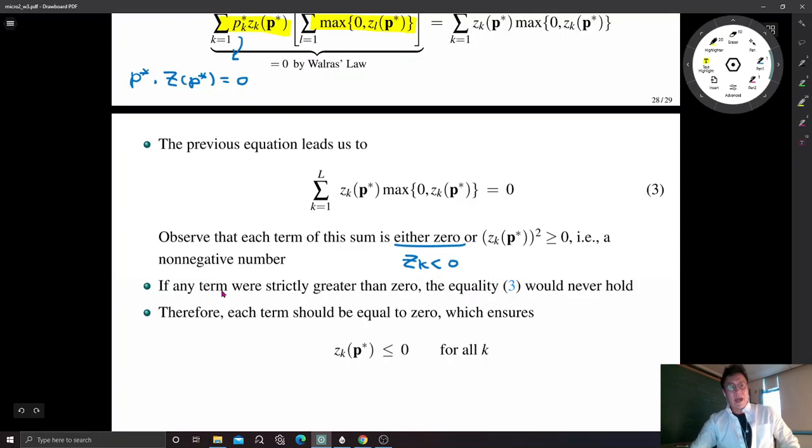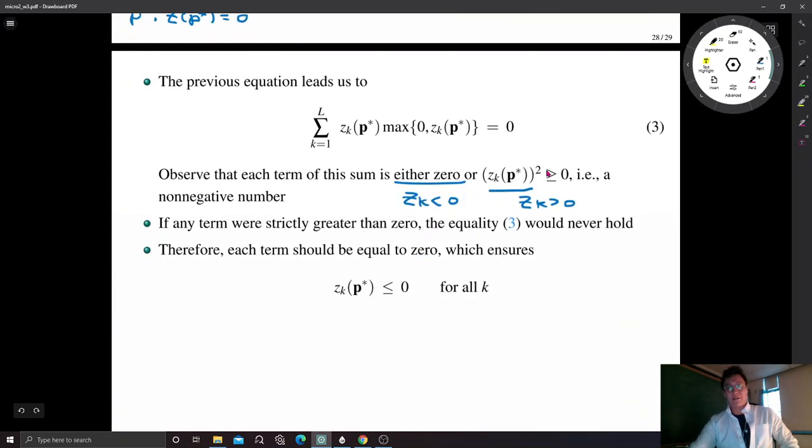So if any term were strictly greater than 0, so if Z sub k is strictly positive, then we have a strictly positive term for some k, and there's no chance that we can satisfy this equation. That means each term should be equal to 0. So Z sub k must be non-positive for every k. So that proves the existence of equilibrium.